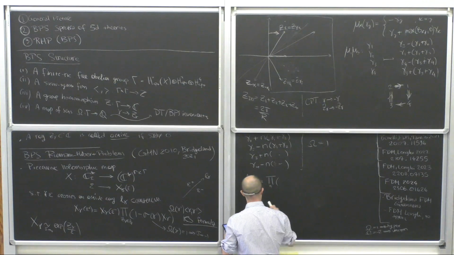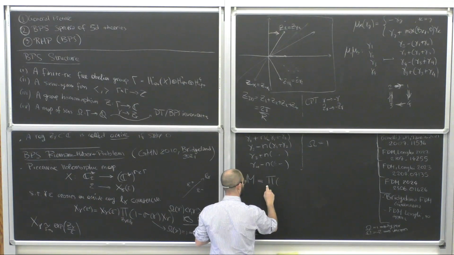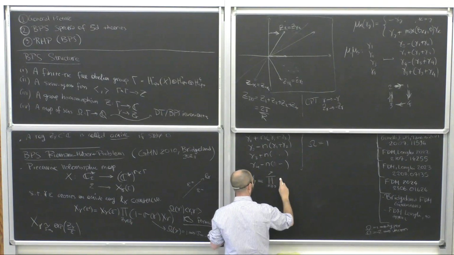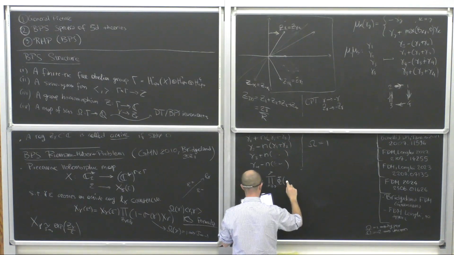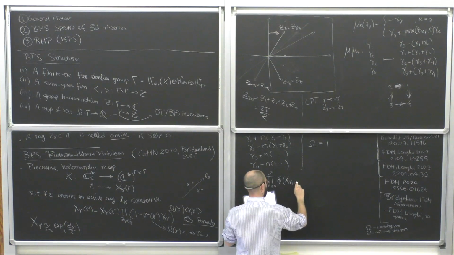So, n greater than 0 and increasing. And here you have the quantum dilogarithm, which is just a Kupo-Kammer symbol, basically, of x gamma 1 plus n gamma 1 plus gamma 2.